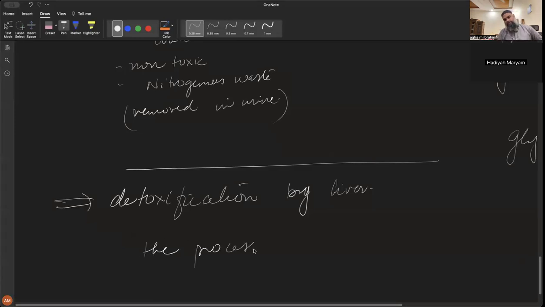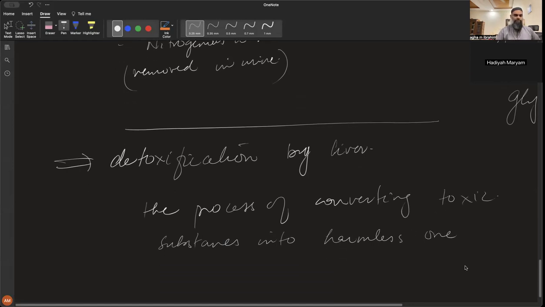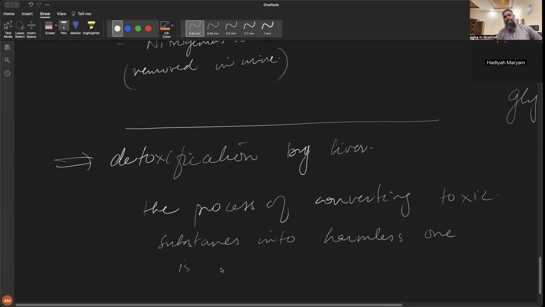Basically, the process of converting toxic substances into harmless ones is called detoxification.